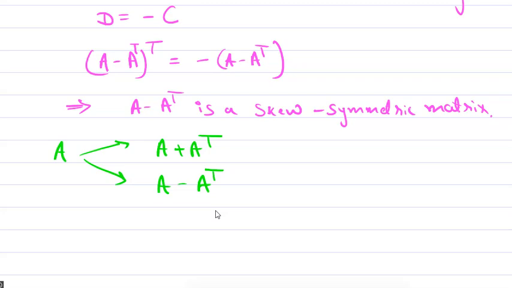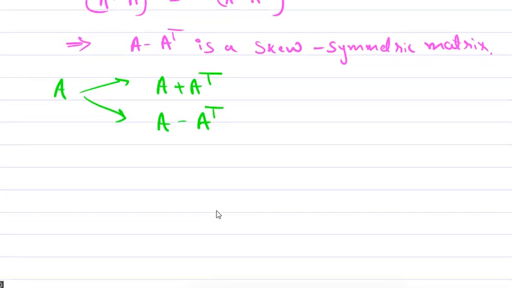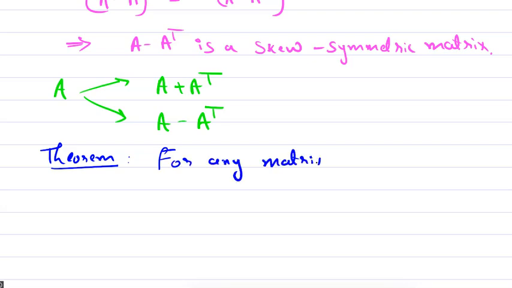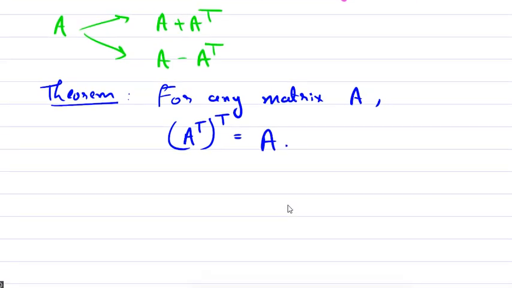Next, from the original definition of the transpose, you may have observed something. Let me put it here as a theorem: for any matrix A, the transpose of A transpose is nothing but A. The proof is very much obvious.